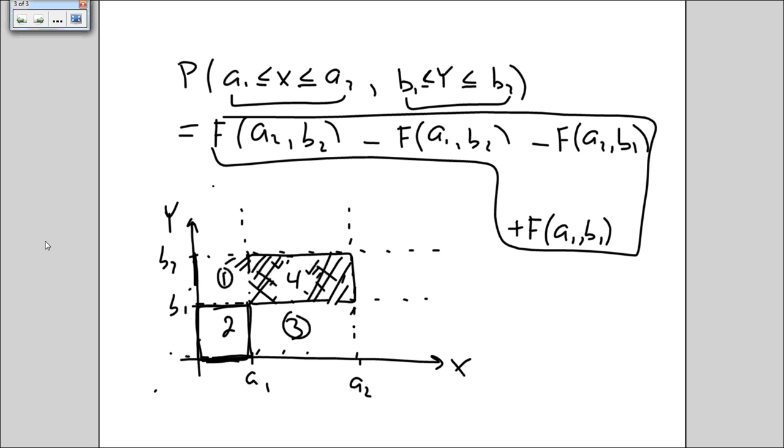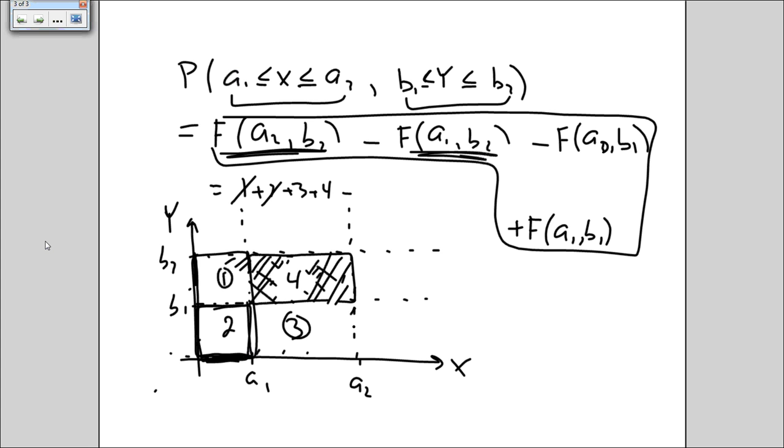So this first probability, f of a2b2, contained 1, 2, 3, and 4. And then we took away f of a1, b2, with this area here. So we took away 1 and we took away 2.